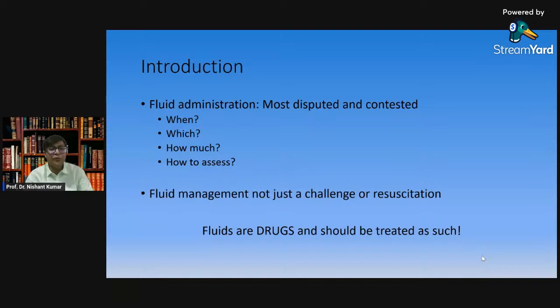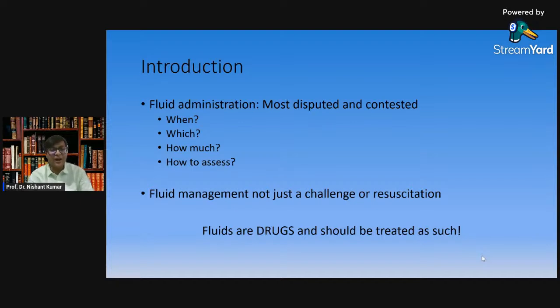So, fluid management is not just limited to a fluid challenge or a resuscitation. It is an ongoing process which has to be discussed and modified as the patient gets better or during his entire stay in the ICU.